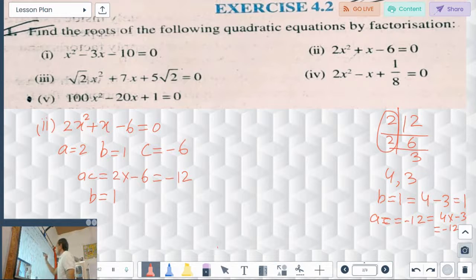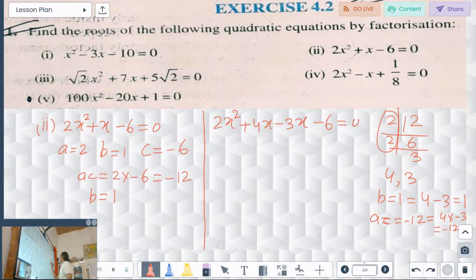So the factors will be: this equation 2x square plus 4x minus 3x minus 6 equal to 0. Now 2x is common, 2x into x plus 2, minus 3 into x plus 2, equal to 0.